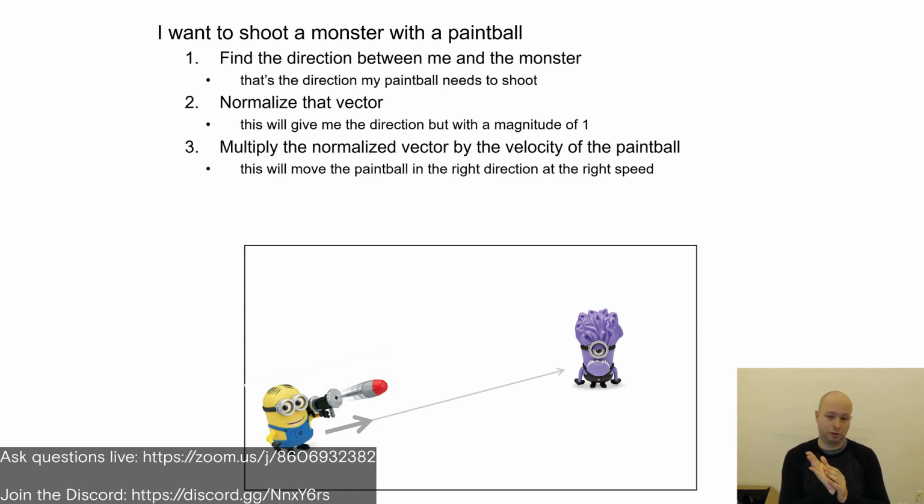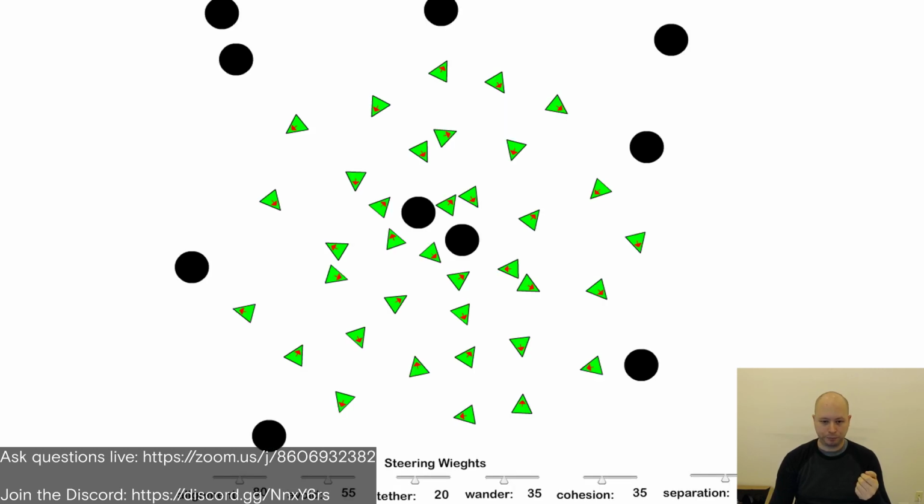That gives me a direction, and then I would multiply the velocity of the paintball by that vector. That velocity being, in this case, just the magnitude of the force that I'm shooting with. That way, the ball will be moving in the correct direction at the right speed as well.